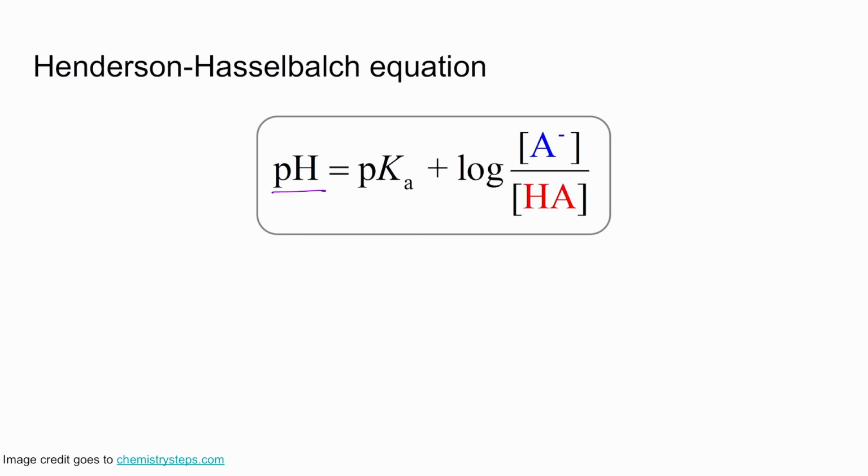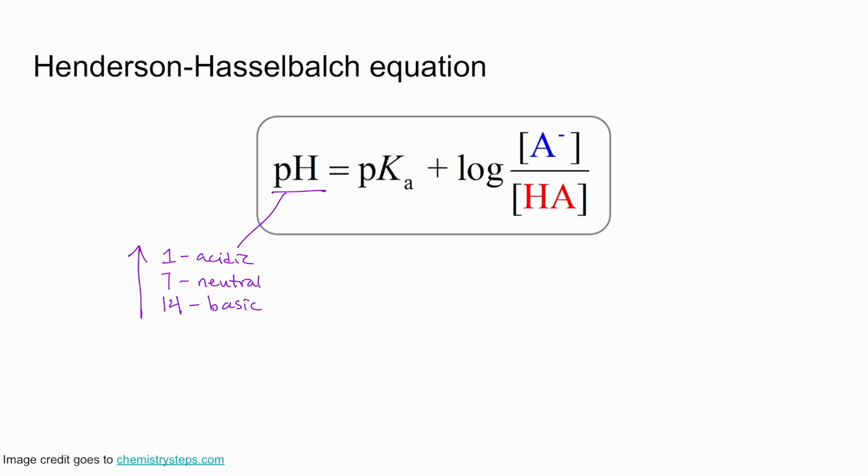pH is a value that tells you how acidic or basic a solution is. So a pH of 1 is super acidic. pH of 7 is neutral, so think of water. And then pH of 14 is all the way on the extreme basic side.